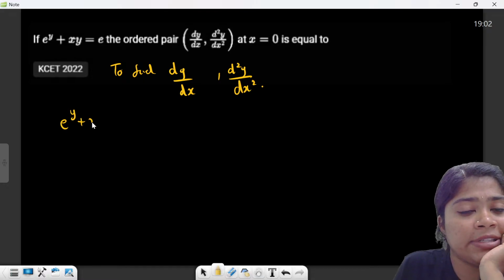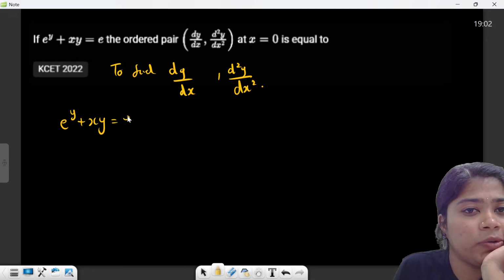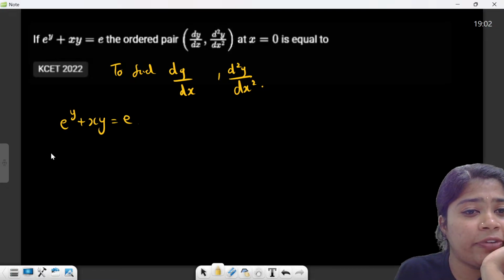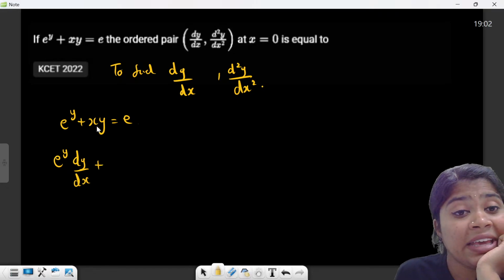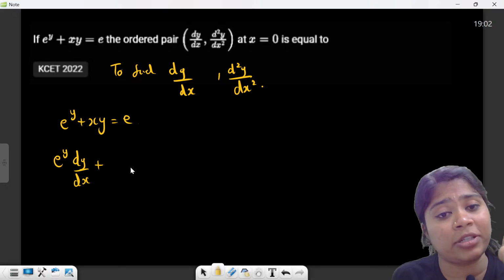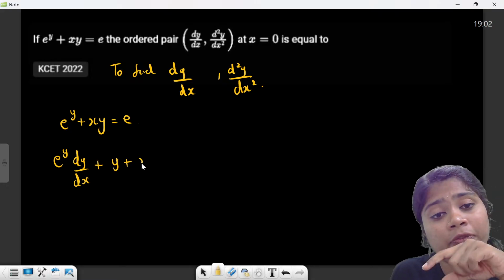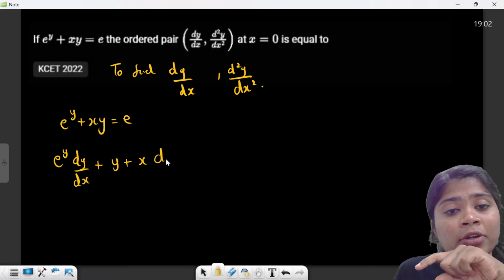e power y plus xy is equal to e. So let's differentiate this with respect to x. e power y differentiation: I differentiated the y variable, dy by dx, plus x into y, using the UV method: x differentiation gives y, plus keeping x as it is, differentiate y.